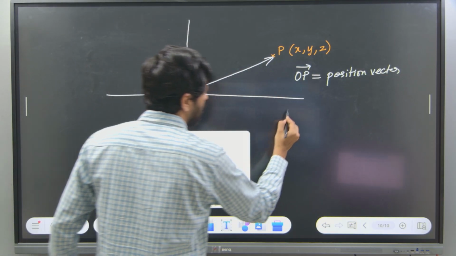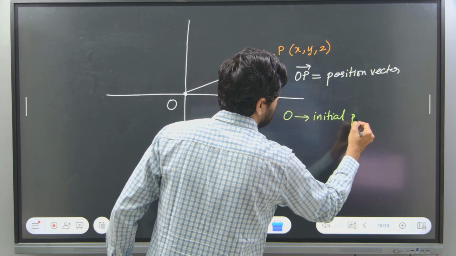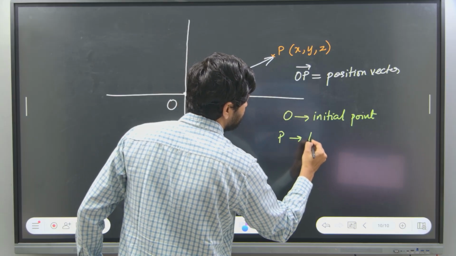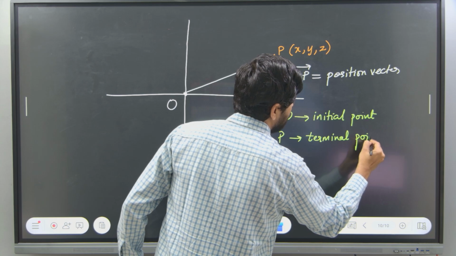Which is the start point here? O is the initial or start point. And what about the point P? It is called the end point or terminal point of the vector.